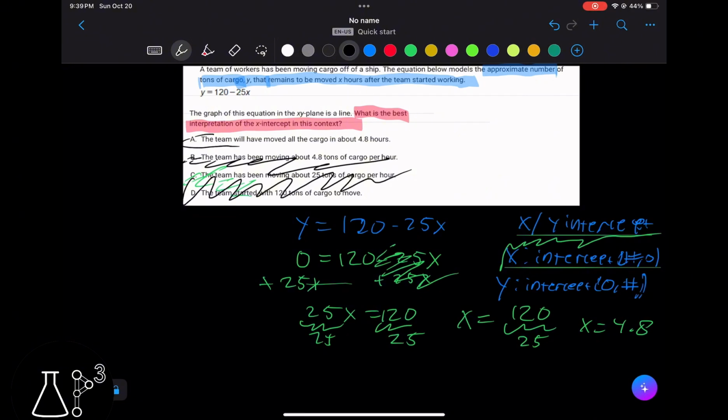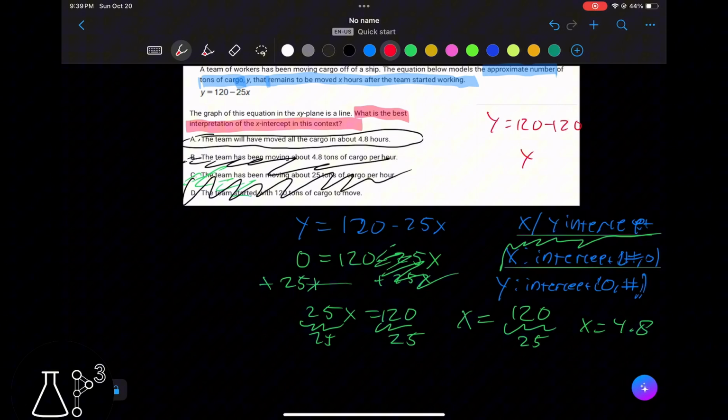The team will have removed all tons of cargo in about 4.8 hours, because if I multiply 4.8 times 25, I get 120, so y equals 120 minus 120, and I get y equals 0, and there are no more tons of cargo left. So my answer is A. However, this is a Desmos question.